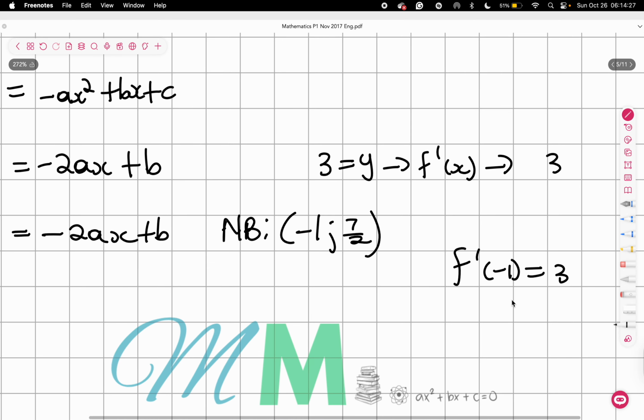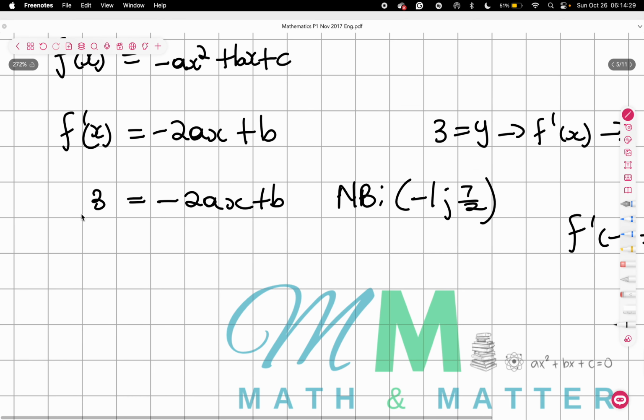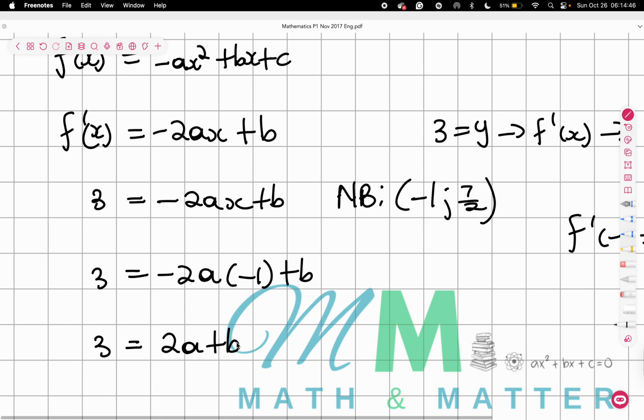That's what we are saying. So this means that 3 is equal to negative 2a of negative 1 plus b. Okay, so what does this become? It's 3 is equal to 2a plus b.